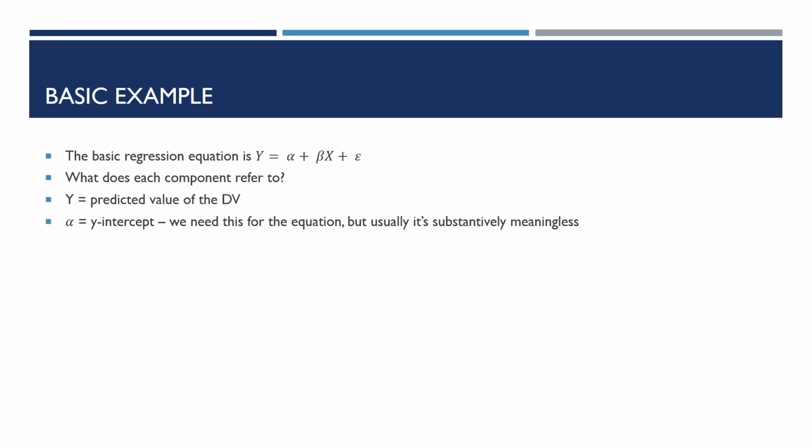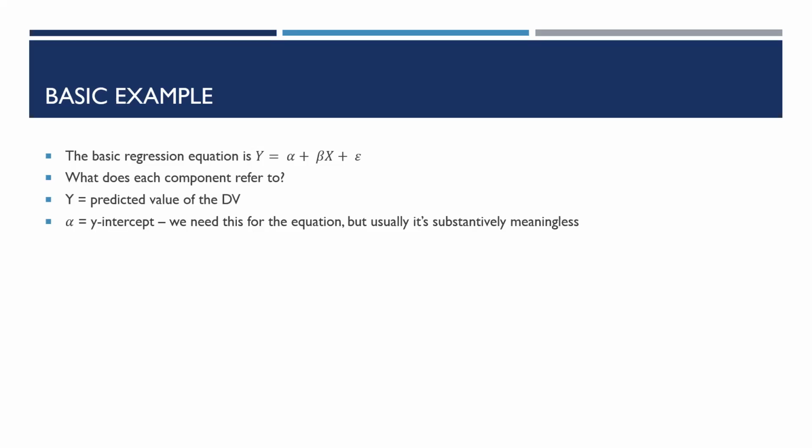Then if we move over to the right side, on the other side of that equal sign, the first thing we encounter is denoted by alpha, which refers to the y-intercept. So if we set all of the values in the equation to 0, that's going to be what alpha is, right? So we need this in the equation for mathematical reasons. We need it to generate those predicted values, but in substantive terms, usually, not always the case, but usually it's meaningless.